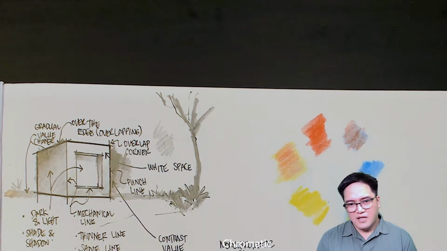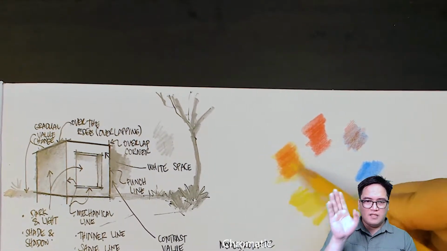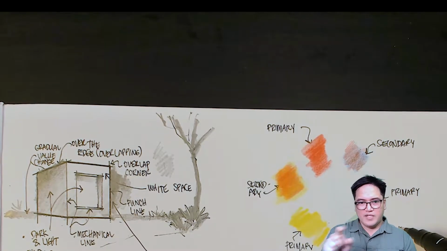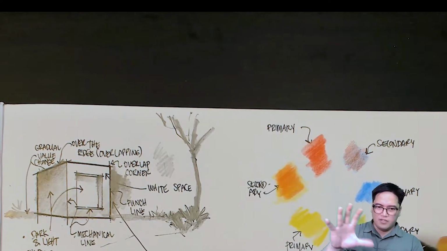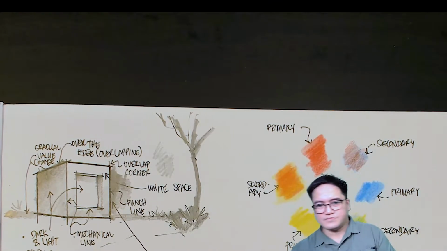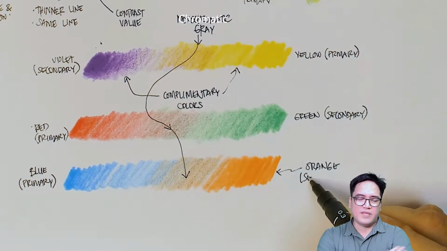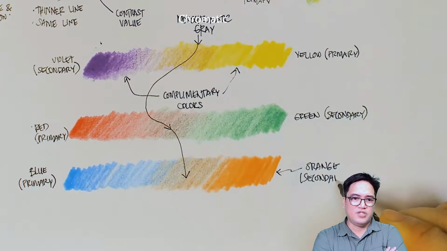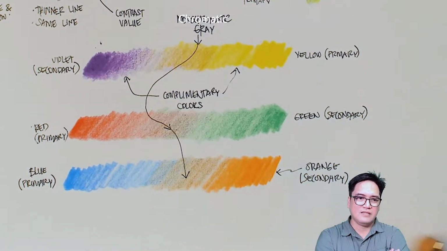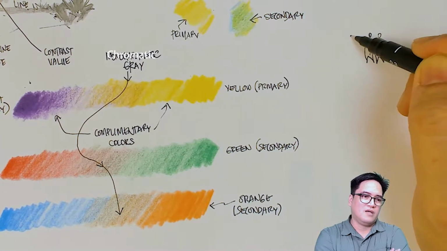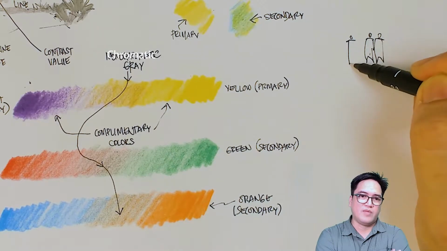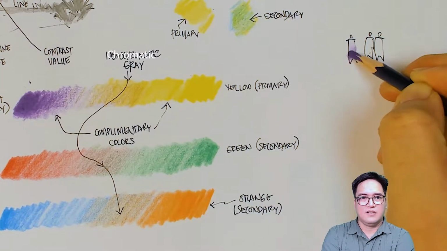If you take a look at this, the blue and the orange are opposites. It's like mixing all three colors. So this is a prime example of how you can achieve more interesting grays by mixing secondary colors with the primary color opposite them on the color wheel.